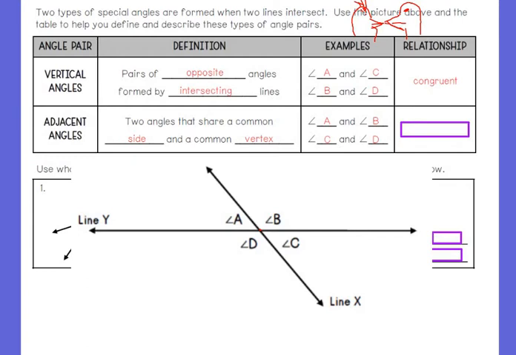What are they forming? 180 degrees. They're forming a line. B and C is forming a line. So, what did we learn? A word for 180 degrees. Supplementary. So, adjacent angles are supplementary. They're going to add up to 180 degrees.